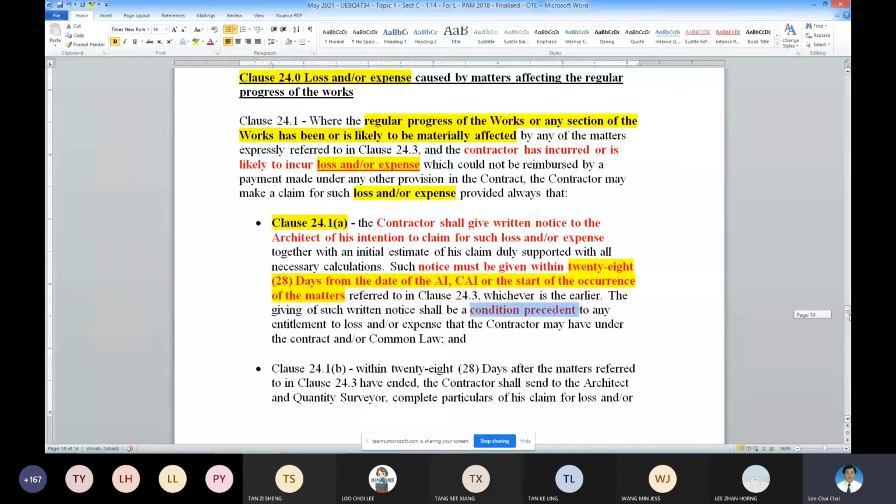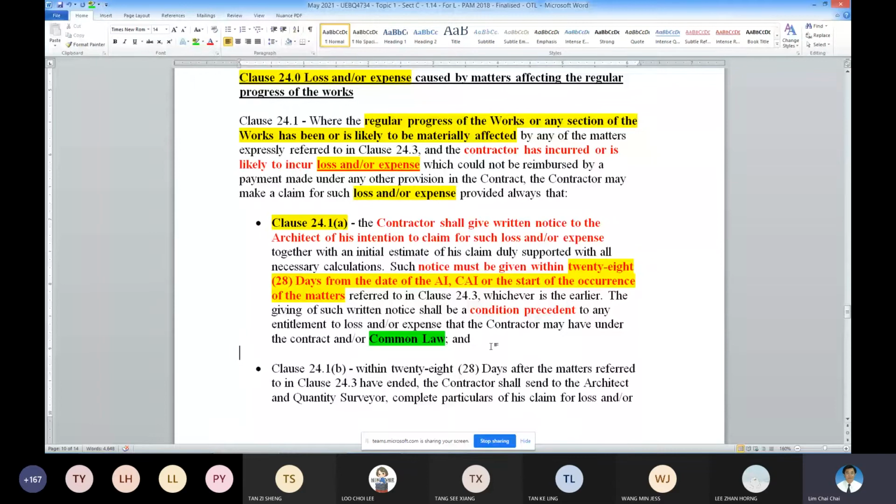Then you can only claim under common law. Is it possible to claim further? The answer is yes, but no more under the contract, under the PAM. You go under the common law.